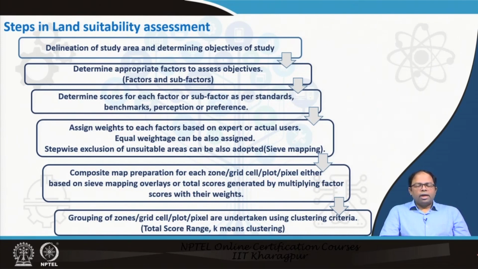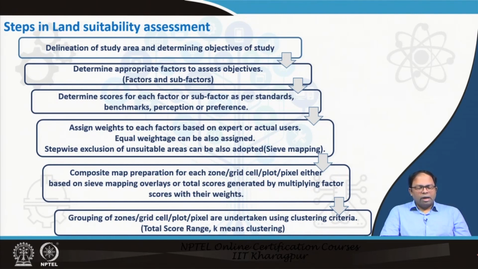So we can go for plots, and we can also go with pixels. That means each pixel could also be given scores for each of the different factors, based on this method, or we can go with the sieve mapping method that we have already discussed.